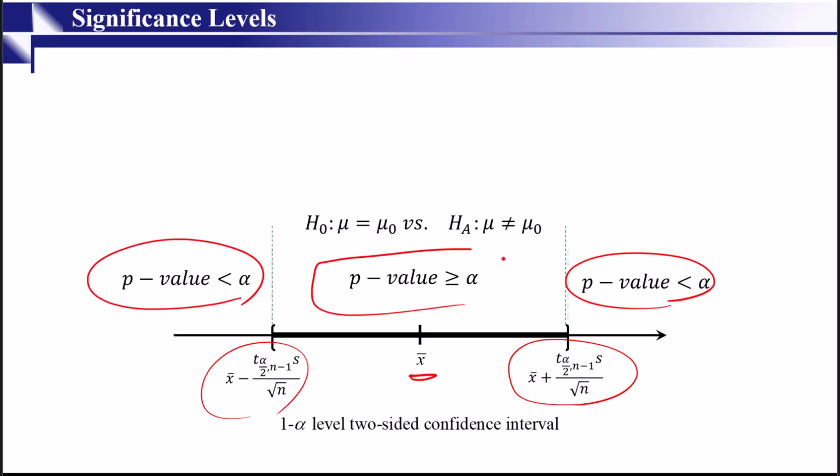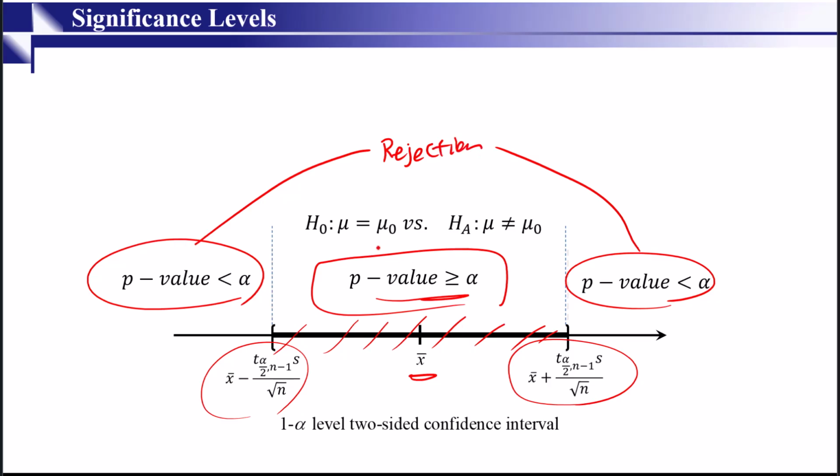And another case is this inner area, when the p-value is greater than or equal to alpha, right? So in this case, the plausibility is defined in terms of having a p-value larger than alpha, right? And the outer side is for p-value less than alpha. So these two points are the rejection area, and this one is the acceptance area, right?